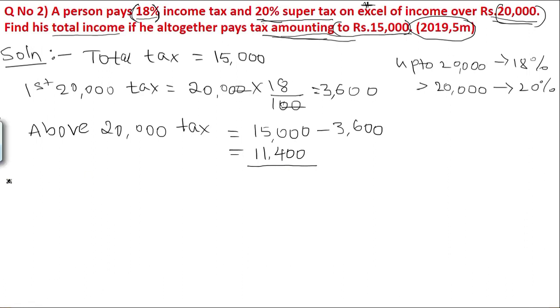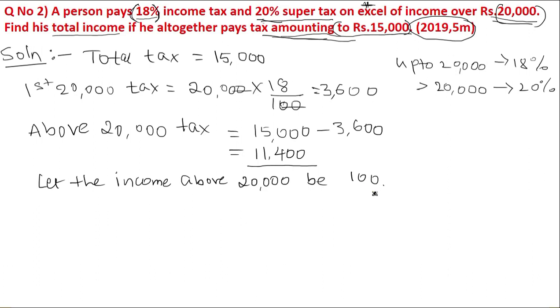So what will we do? Since we don't know that income, we will assume that income is 100. Let the income above 20,000 be 100. Correct. So then how much is the tax he is paying?